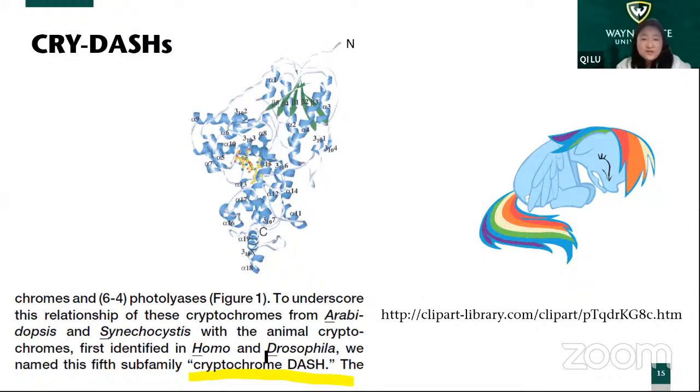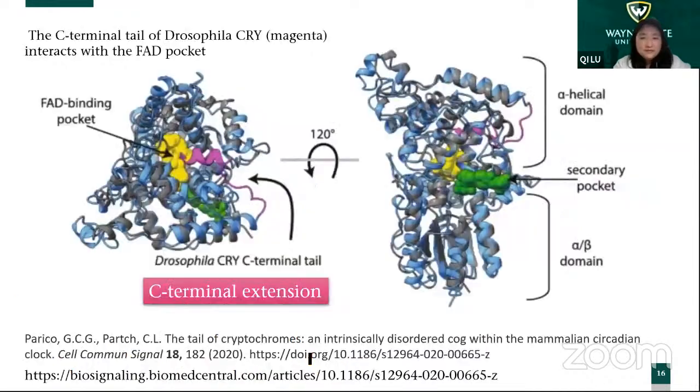The DASH is coming from Drosophila, Homo, Arabidopsis, and Synechocystis. So they named this fifth subfamily the cryptochrome DASH. And here it shows the structure of the CRY.